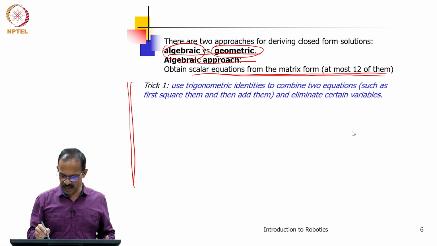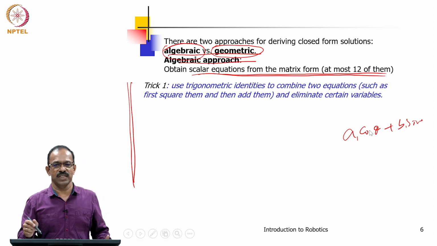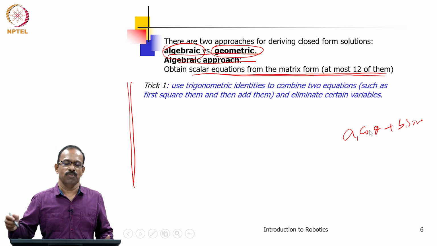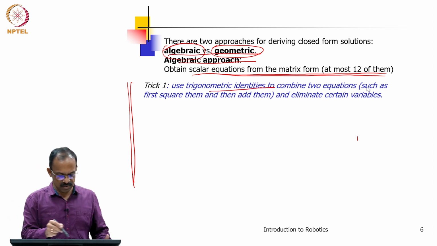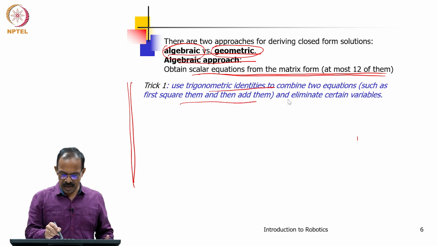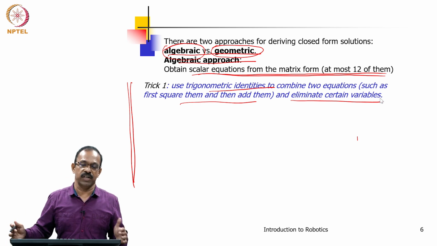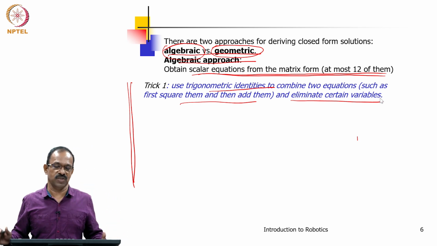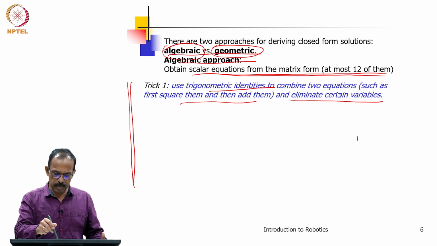For example, you have something like a cos theta plus b sin theta, and then probably when you square and add them, cos square theta plus sin square theta will come, and then you will be able to eliminate some of these parameters. That is what it says. So, such as first square them and add them and eliminate certain variables. The trigonometric identity is sin square theta plus cos square theta equal to 1. So, such identities can be used, and we can get them by combining equations.